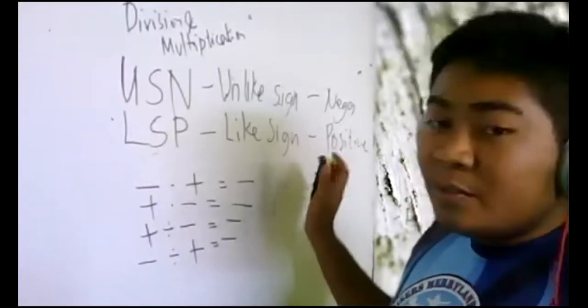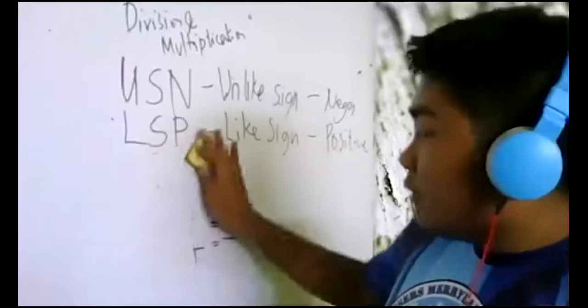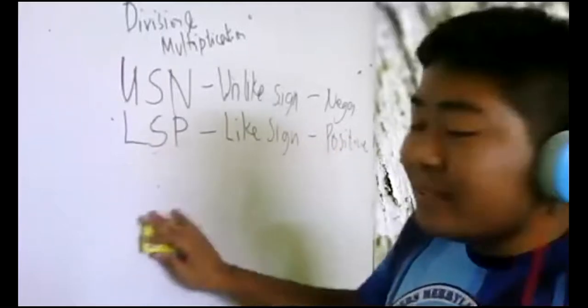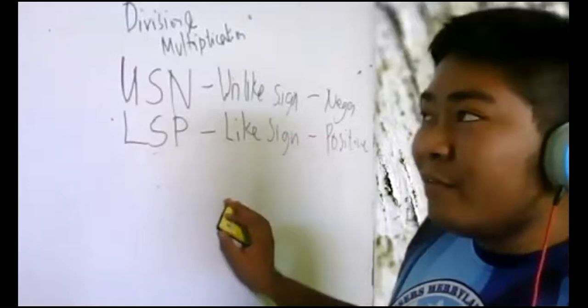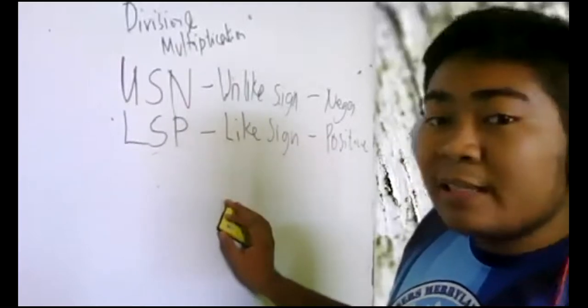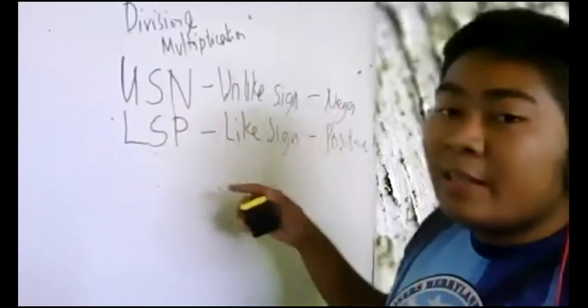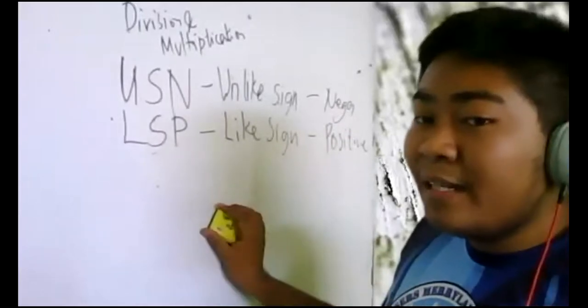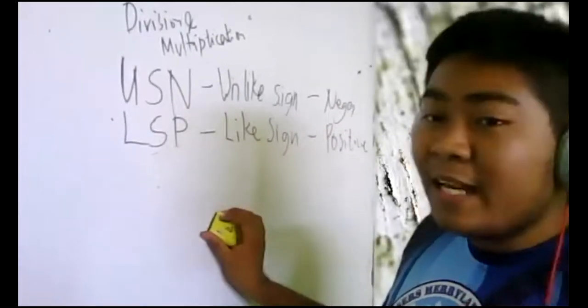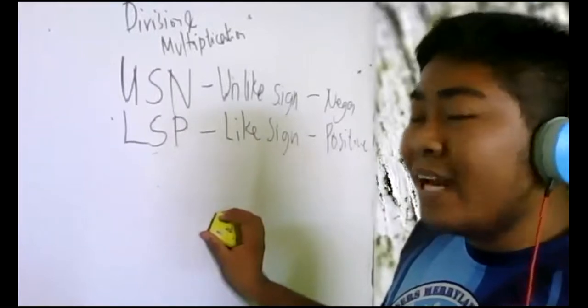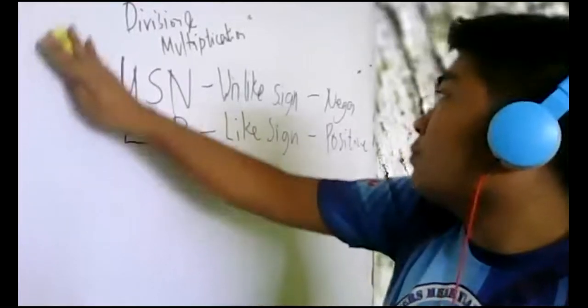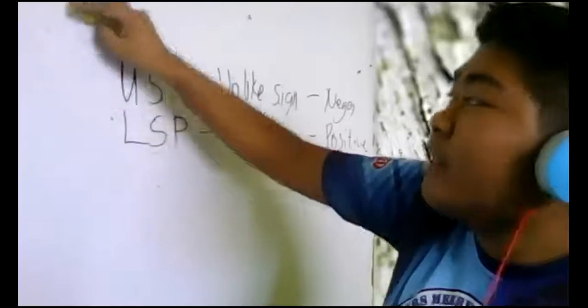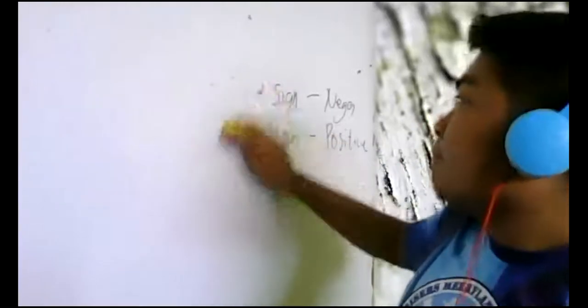Ayan. So, always use USN kapag magkaiba yung sign. For example, is positive and then multiplied to negative, that is always negative. And kapag parehas sila ng sign, that is always positive. So, let's try. Negative 2 times negative 2. Just tell me if it is positive or negative.